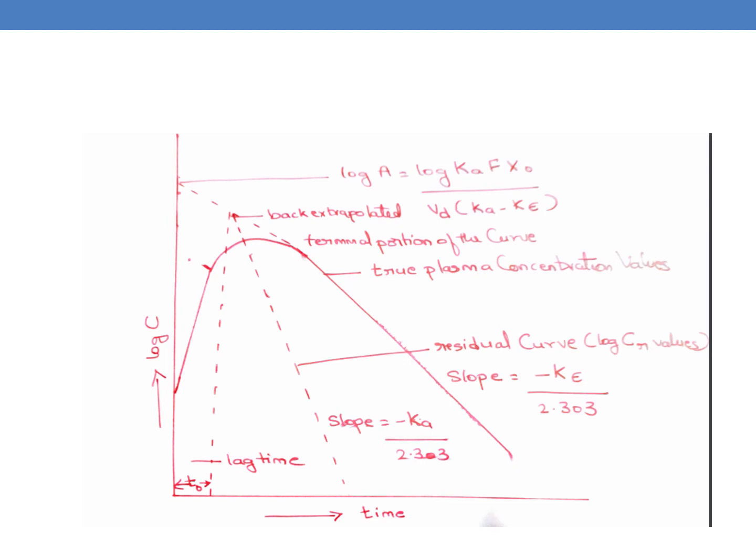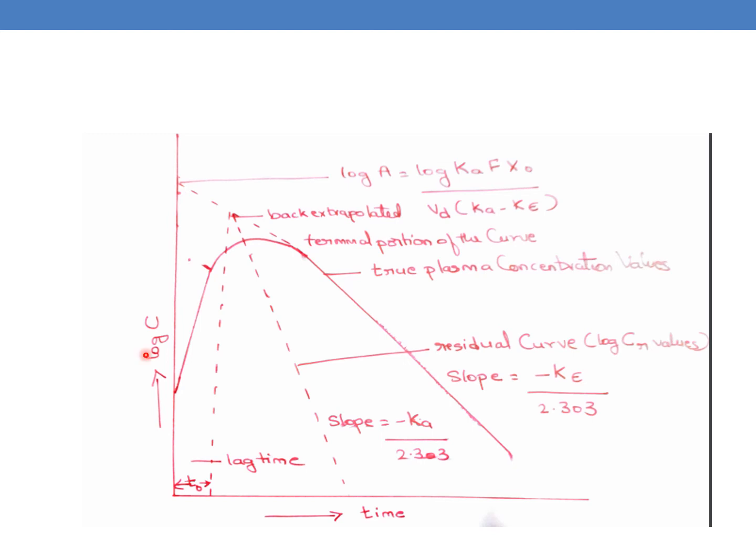Now this is the overall plot of the plasma concentration time profile after oral administration of a single dose of drug. This is the bi-exponential curve, and it has been resolved into its two components, absorption and elimination.